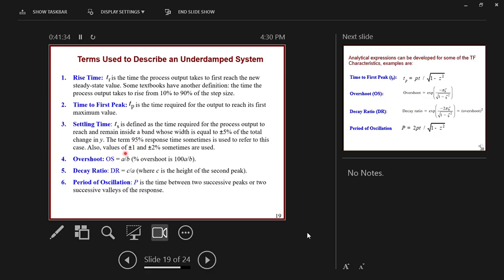Also, values of plus or minus 1 and plus or minus 2 sometimes are used in other textbooks, but in our textbook we will regard the plus or minus 5%. The overshoot definition, the decay ratio definition, and the period of oscillation definition.